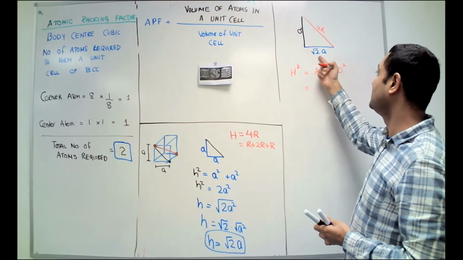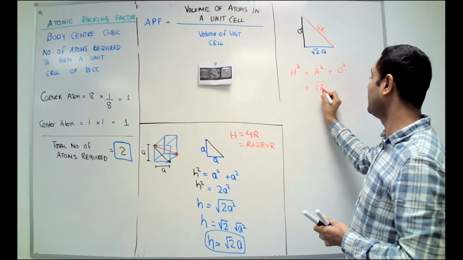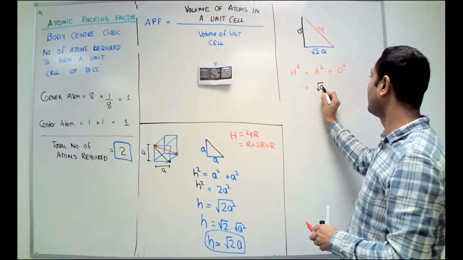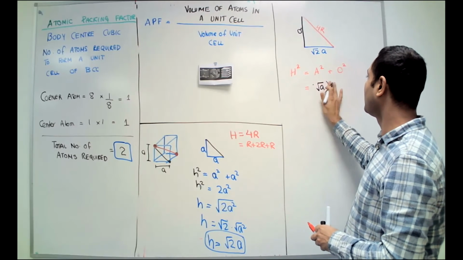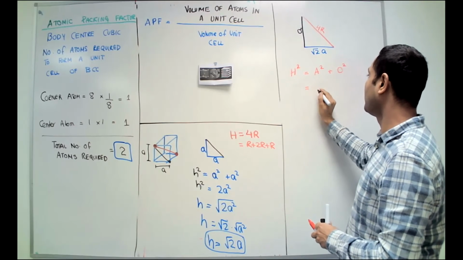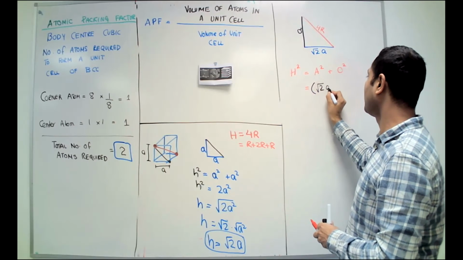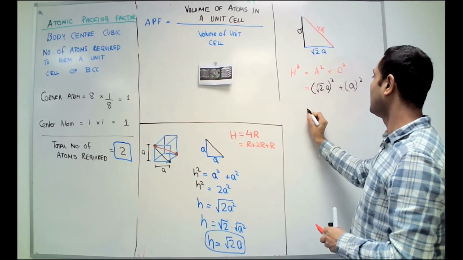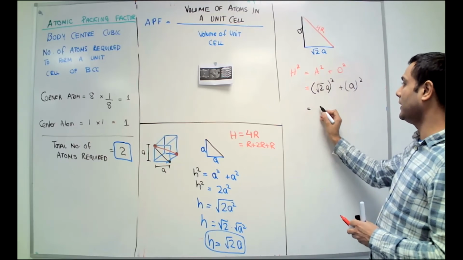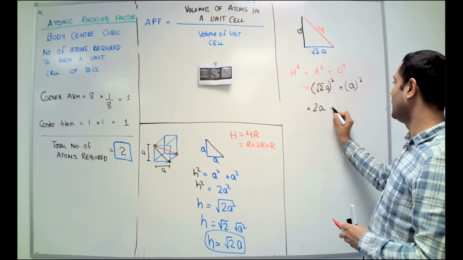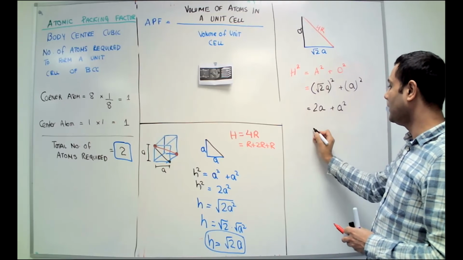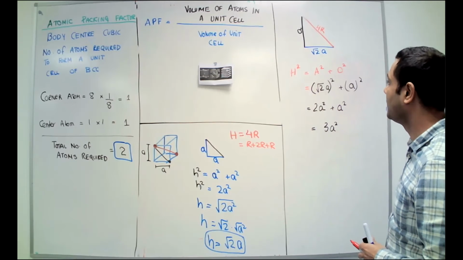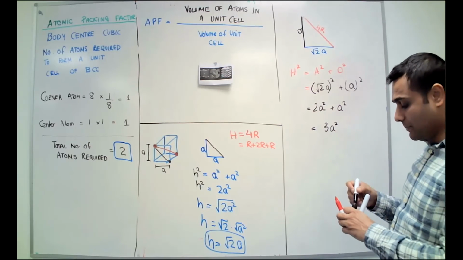Adjacent is, I can use that one. If I square that one, root 2A squared is just 2A squared, plus A squared. If I simplify that one, that will be 3A squared.